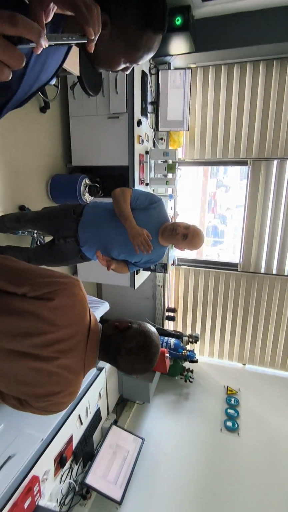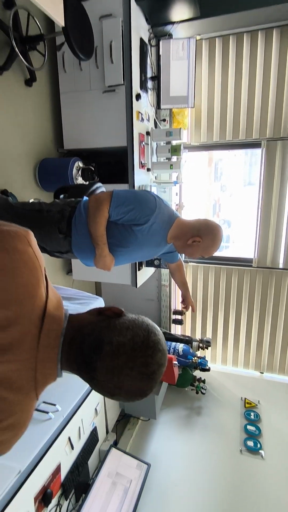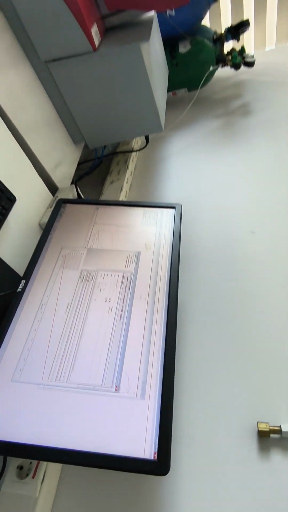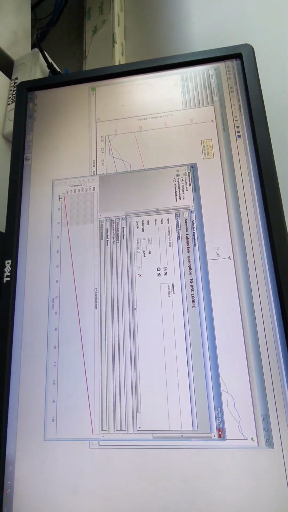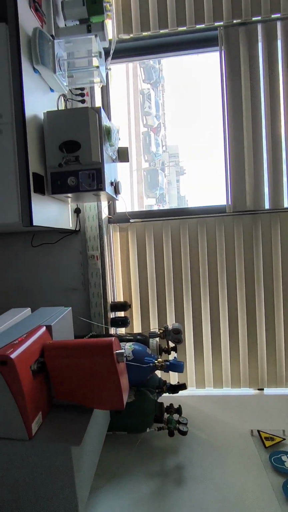This one is for samples that we can heat up to 1,600 degrees under argon, nitrogen, oxygen, or carbon dioxide, and we see the mass change, whether there is mass loss or the mass is increasing, according to the atmosphere and the temperature.